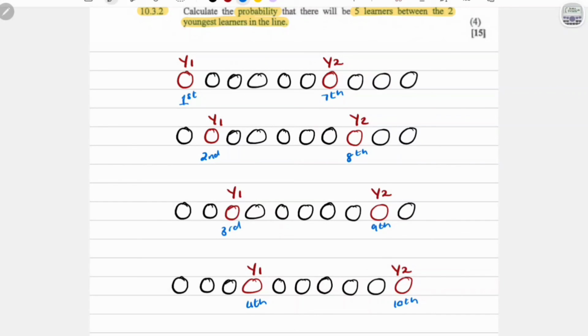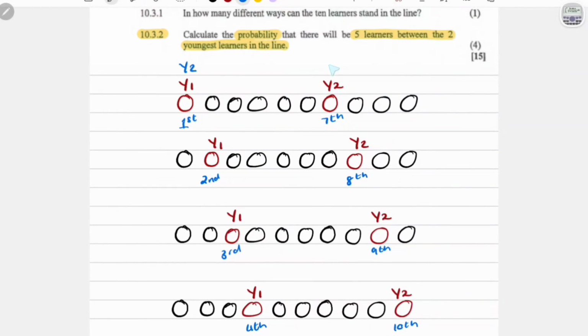But then remember that these 2 youngest learners, they're not the same people. They're 2 different people. So we can also have situations where the 2nd youngest learner is first, and then the 1st youngest learner is second, right? So I'm also going to put those probabilities as well. So it's going to be exactly this, but just having y2 and then y1.